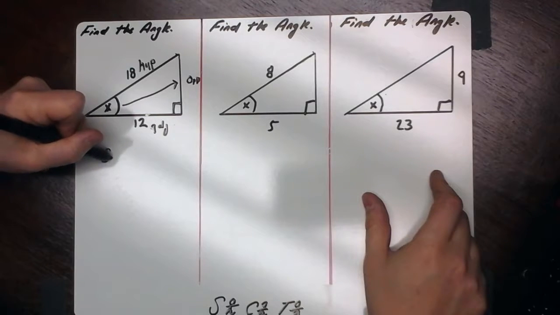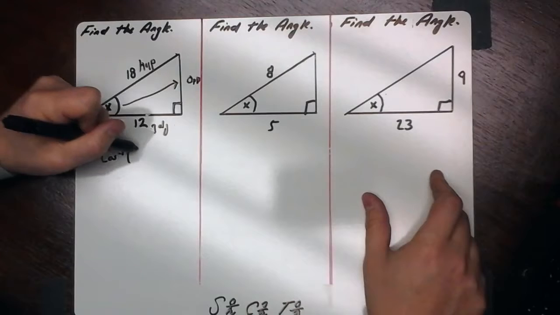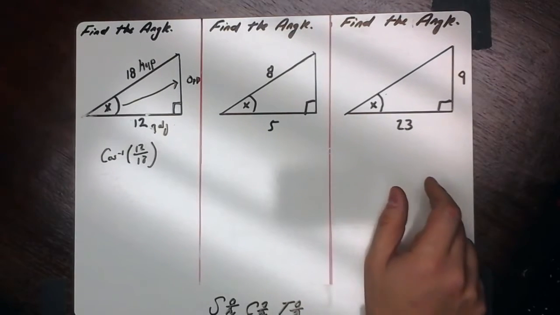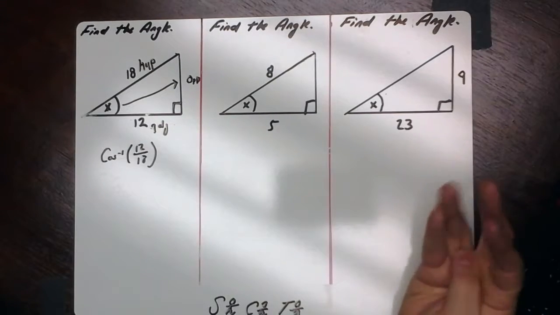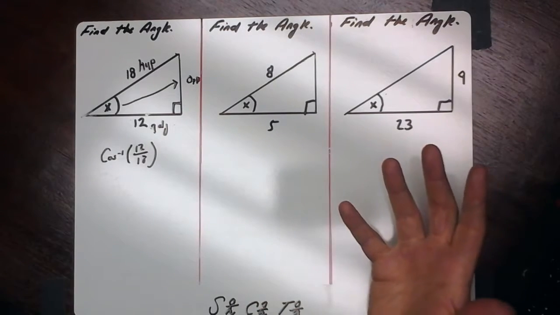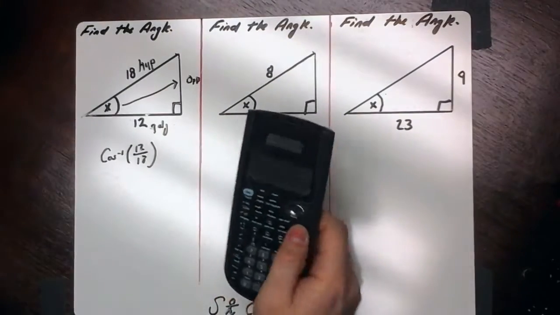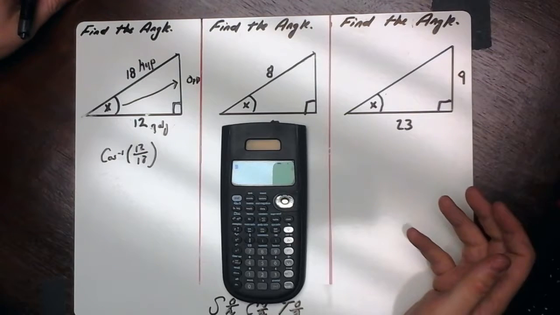So I'm going to say cosine inverse 12 over 18. So the reason why I'm writing it like that is because that's the way the calculator does it. I'm sure there's methods to mathematically solve this, but I have a scientific calculator, and most of you will when you do this.